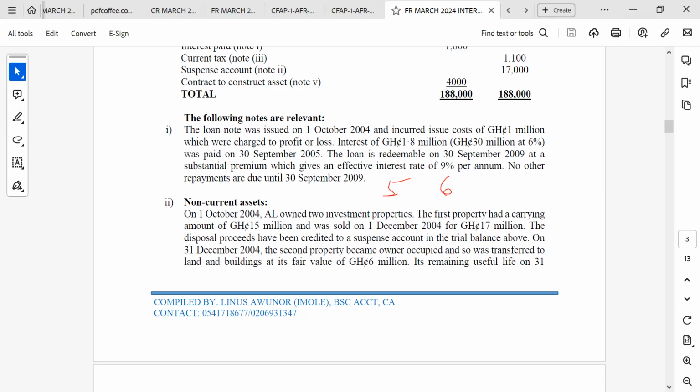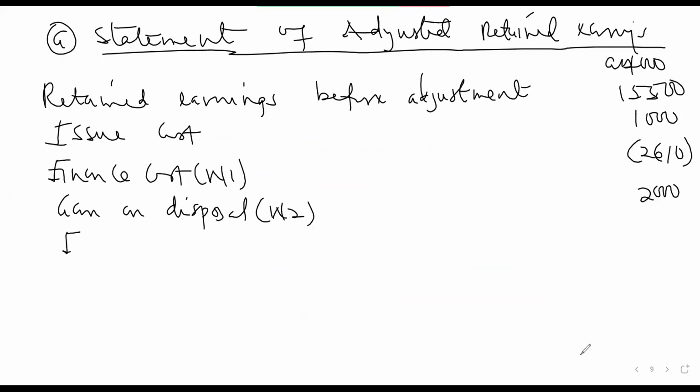Okay, so there will be a fair value gain on the investment property. Fair value gain on investment property is recognized in profit or loss. So you first fair value the property before you transfer. And this particular gain too has not been recognized because the investment property has not been de-recognized from the investment property.